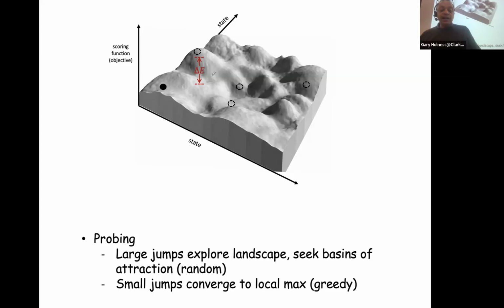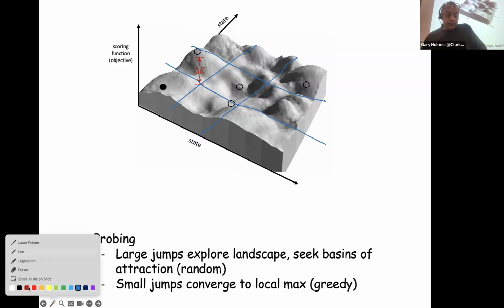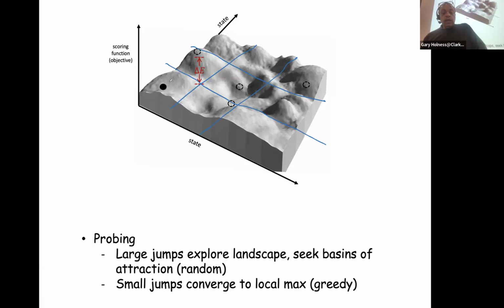If I were to divide up this landscape into regions, just looks like an eight puzzle now, and I said, let me take large jumps. That's a great question. I could jump randomly, and that random jump could take me all over the landscape, right?